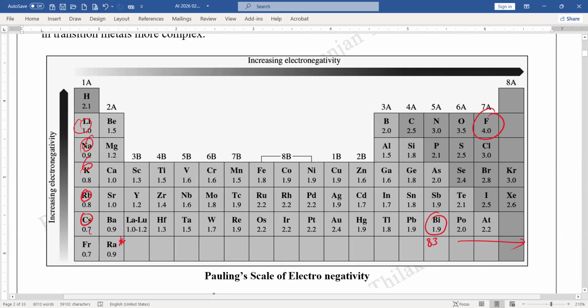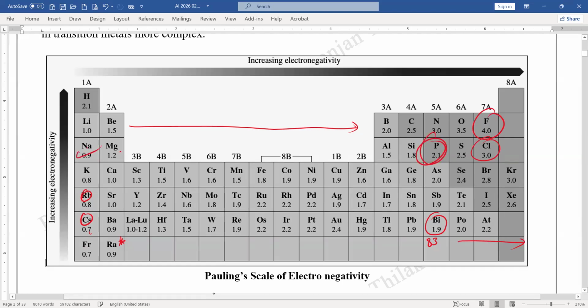And across the period, if you just take the short periods, lithium, beryllium, boron, carbon, nitrogen, up to fluorine, it is gradually increasing by 0.5. But in the third period, starting from sodium to chlorine, you can see that it is increasing by 0.3 up to phosphorus only.